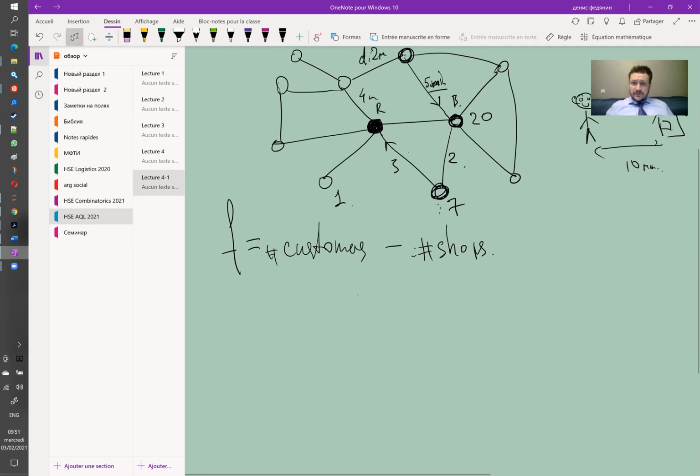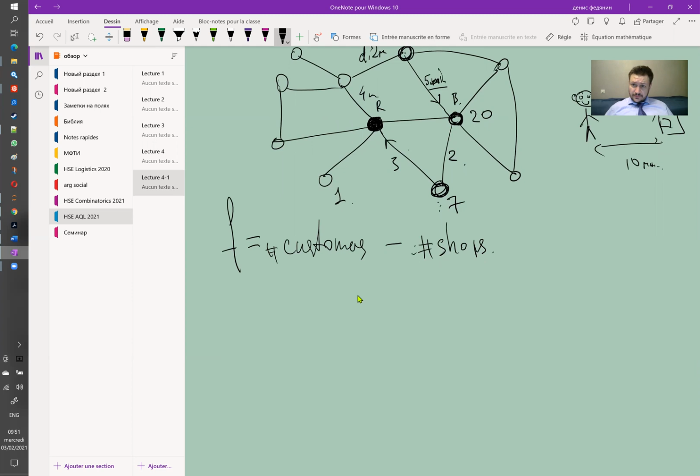Okay, so it's some kind of game here, and each of these producers or sellers has to choose the place for his shop, and we want to consider several variants. Well, there are modifications.